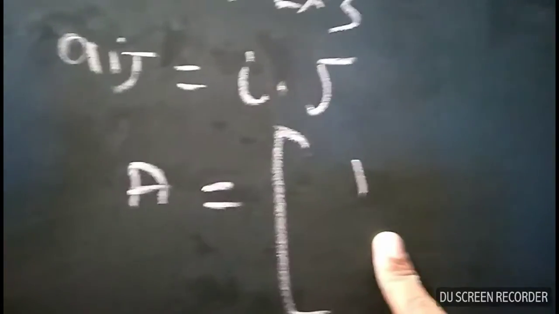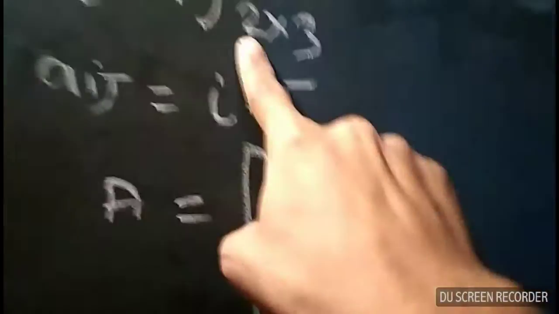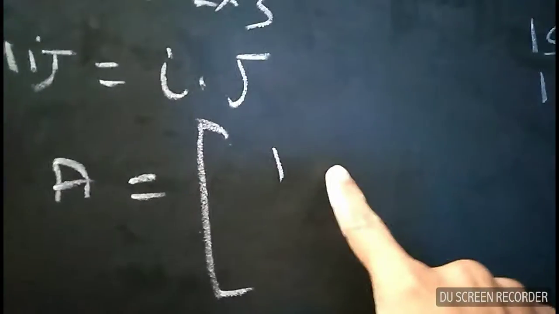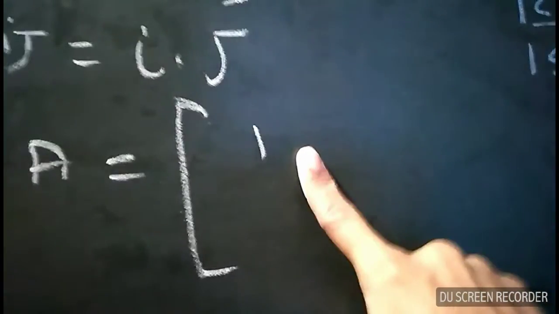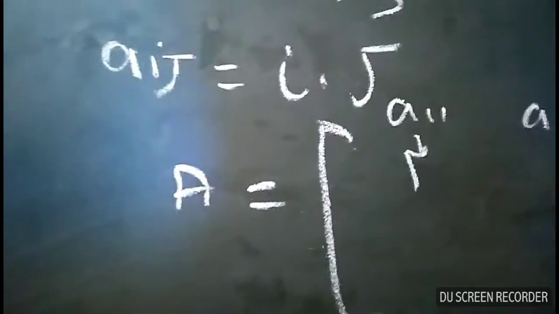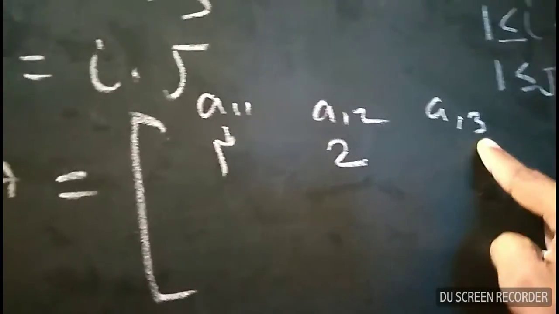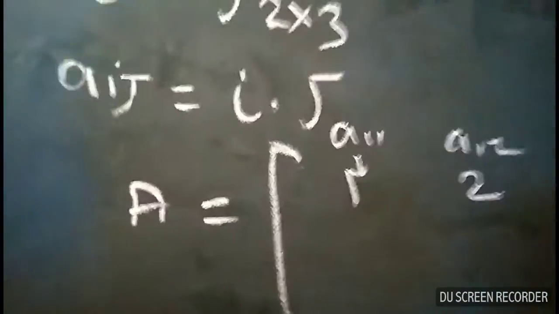Now for the 1 2 element, here the matrix is 2 cross 3, then 2 rows and 3 columns. By definition i into j, that is 1 into 2, that is 2. Now the 1 3 element, by definition i dot j, we obtain here 1 dot 3, that is 3.